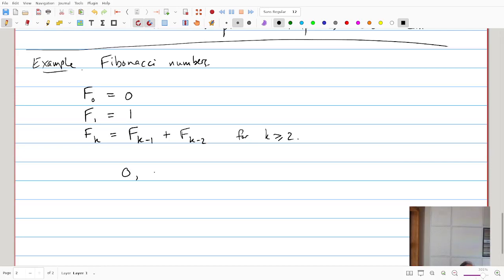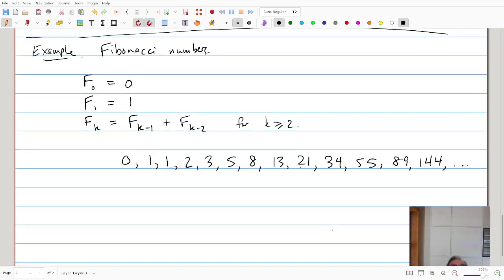So we'll get 0, 1, 0 plus 1 is 1, 1 plus 1 is 2, 1 plus 2 is 3, 5, 8, 13, 21, 34, 55. These are pretty famous, and if you've never seen these before, go look up a Wikipedia page about them and pick a random part of it and read it.